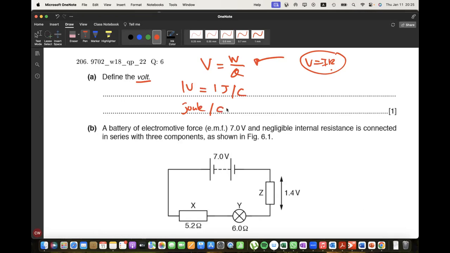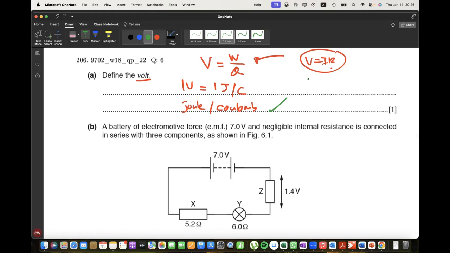Coulomb, how to spell or not? Coulomb. 1 volt is 1 joule per coulomb, okay or not? Can. Okay. Both are units of potential. You're right.